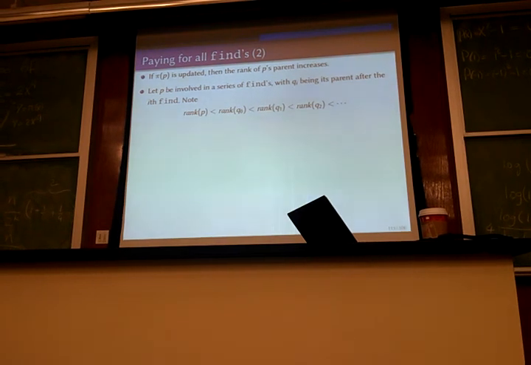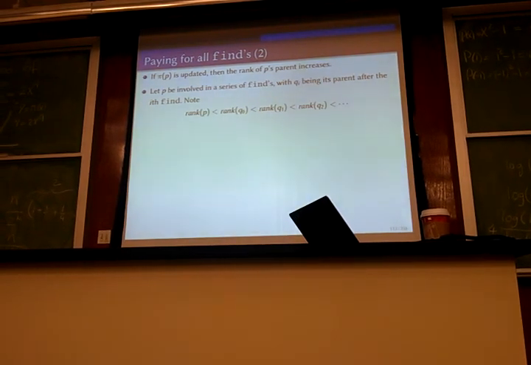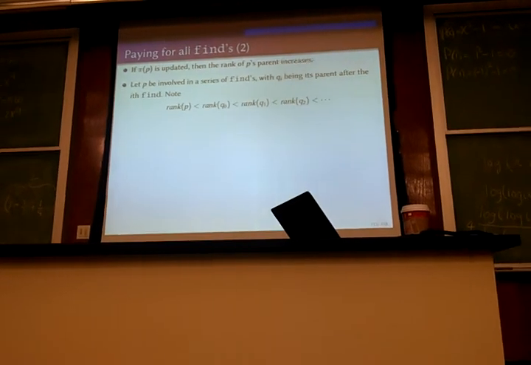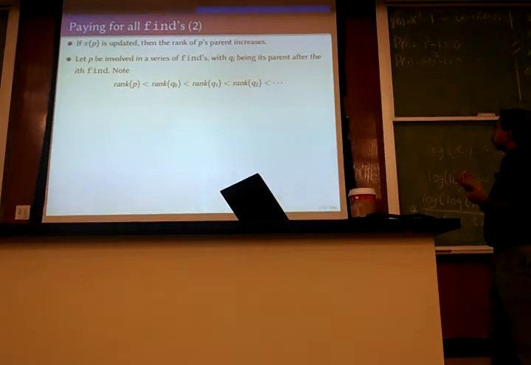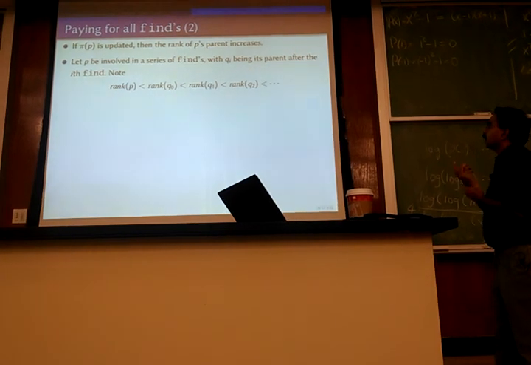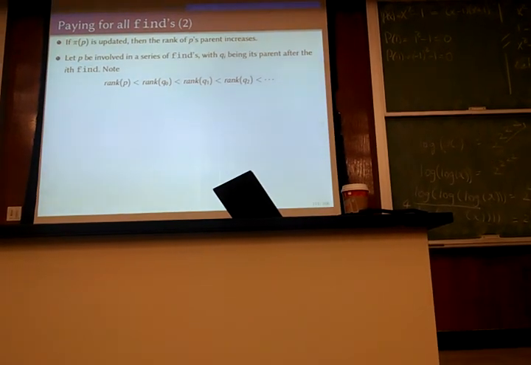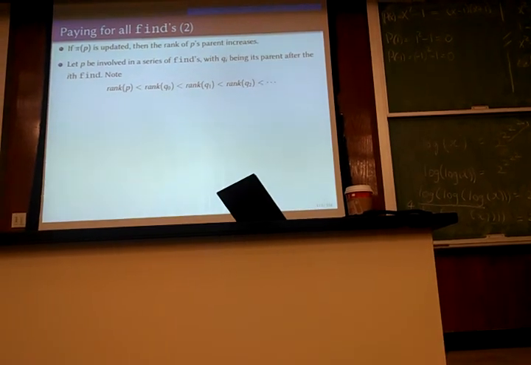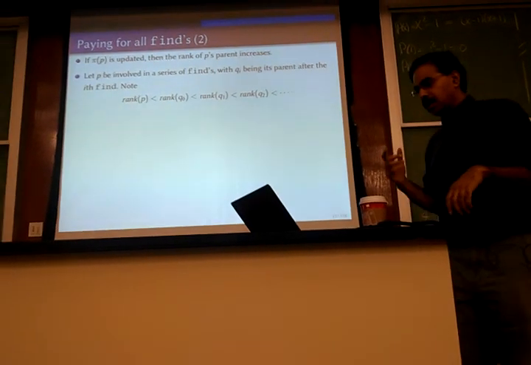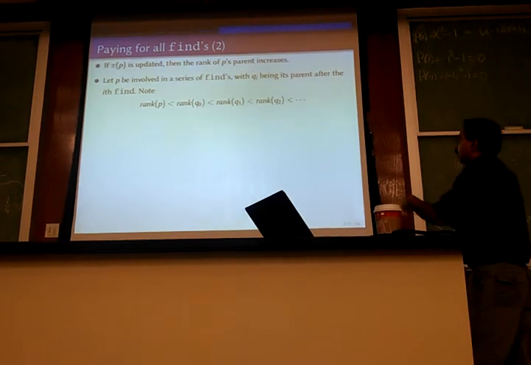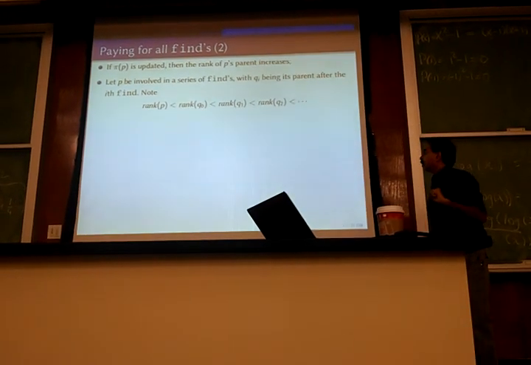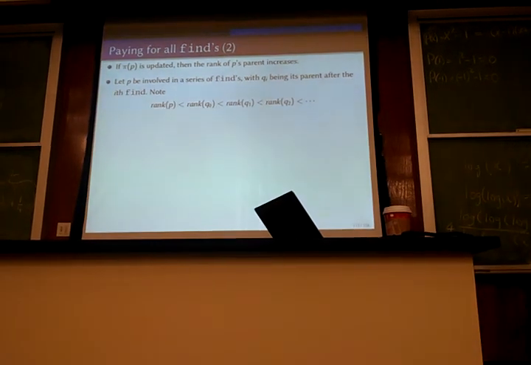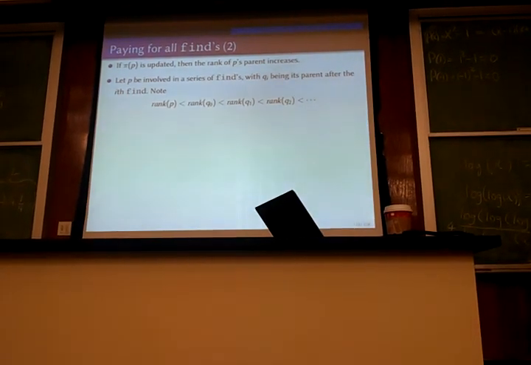So let's consider a series of find operations involving P. P has parents Q0, Q1, Q2 and so on. So you start with the rank of P and then you make P the child of Q0 and then maybe Q1 and Q2 and so on.